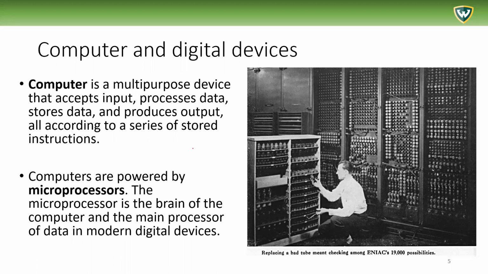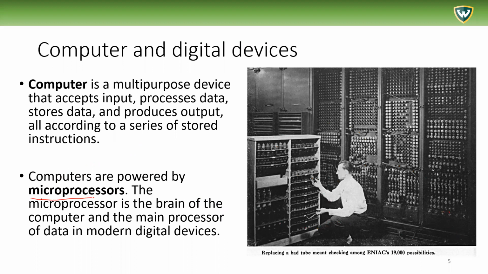By this definition, the old computers of the 1950s, such as this vacuum tube computer, may potentially still be considered computers. But we usually talk about computers as those devices powered by microprocessors.